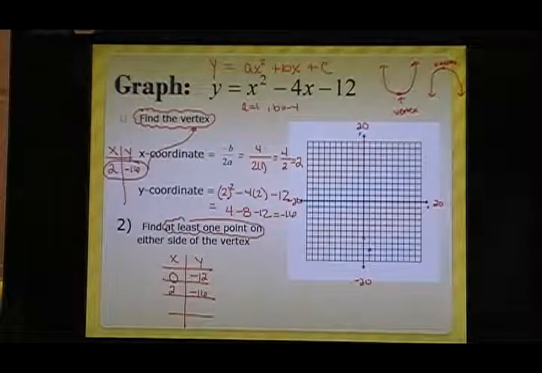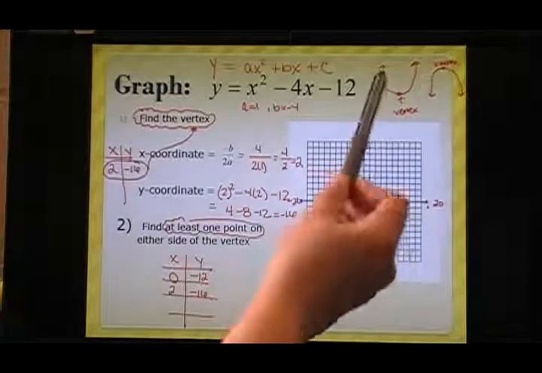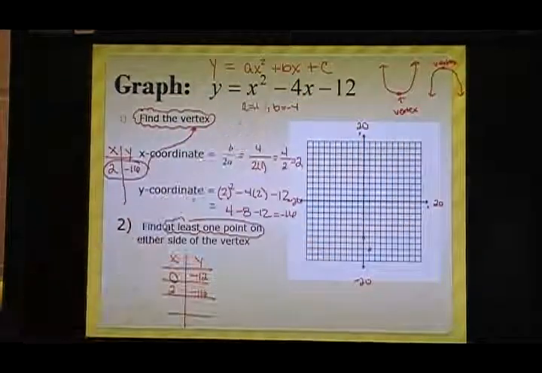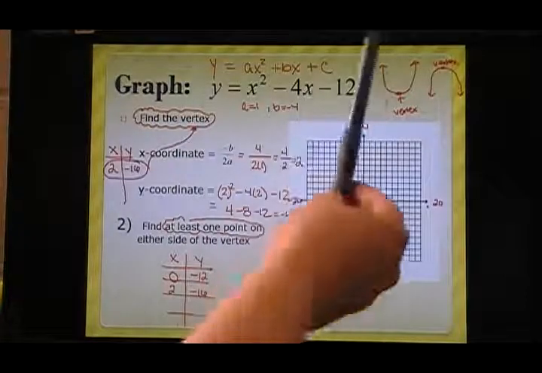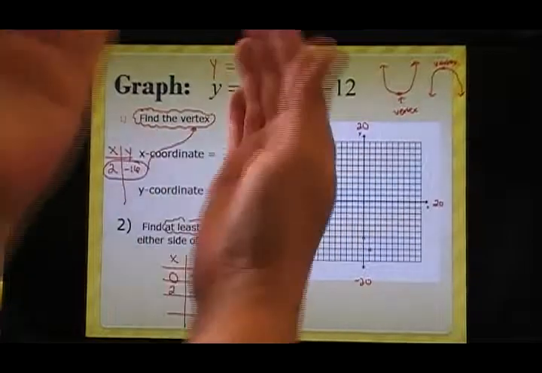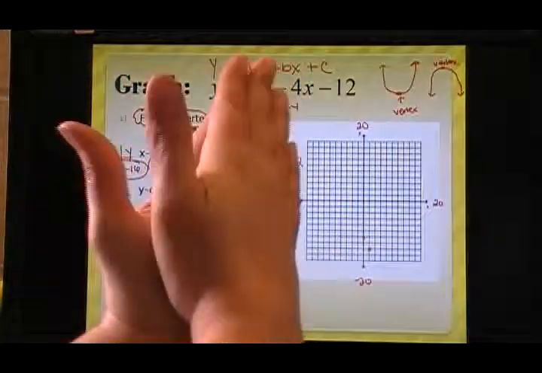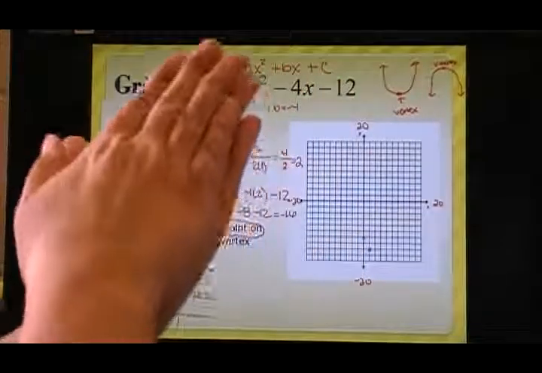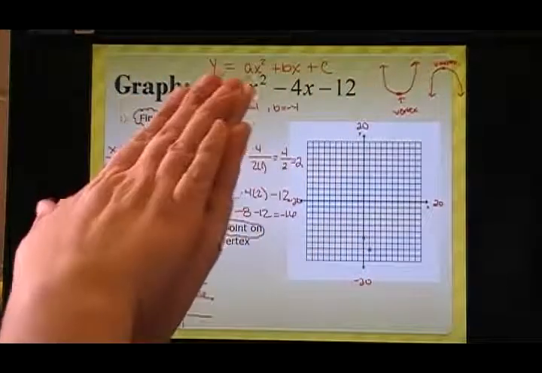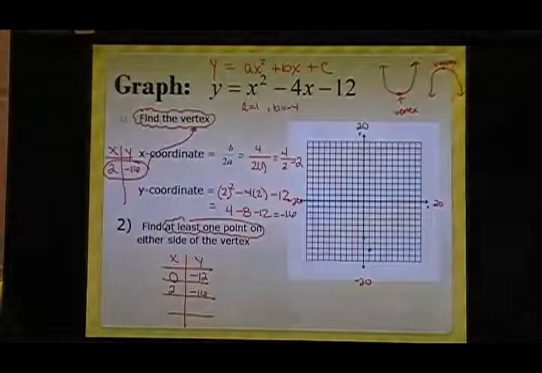And here's the deal. When you look at this shape, this U, it's a symmetric shape. Meaning, we could take this parabola and fold it over and have it fold onto itself. If you can fold a graph or fold something onto itself, we say that it's symmetric.